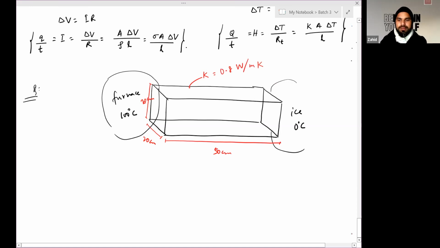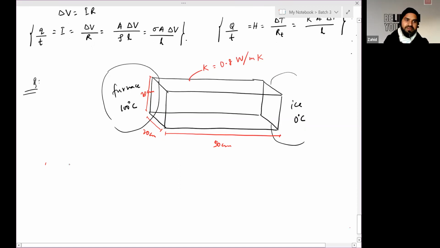So using this part, try to find first, delta T. Second, temperature gradient.